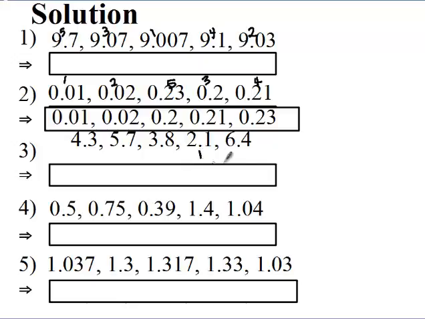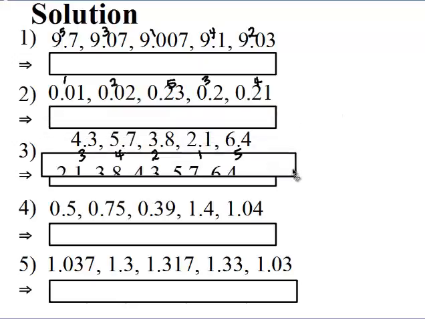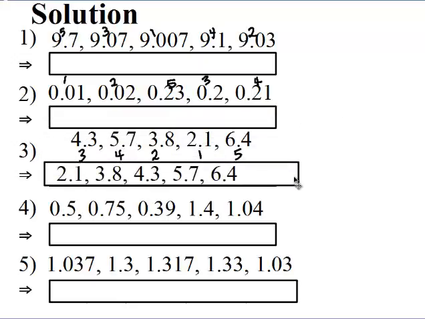Let's number that as 1, followed by 3.8, followed by 4, so 3, followed by 5, so the fourth one, then 6, which is the fifth one. So in ascending order, this becomes the order.